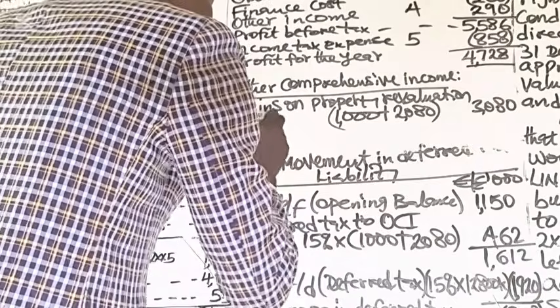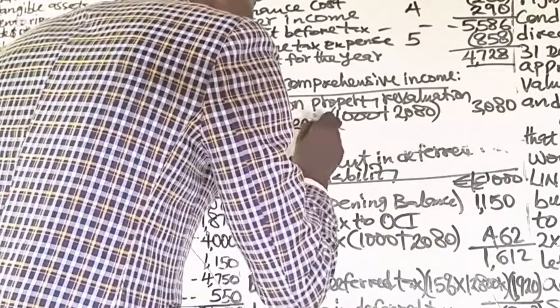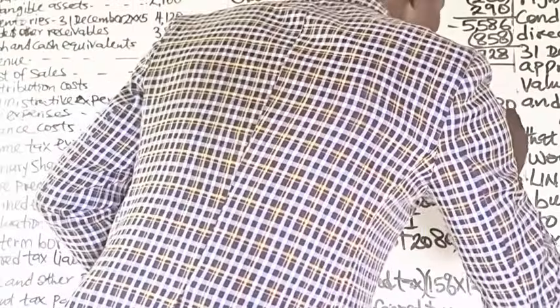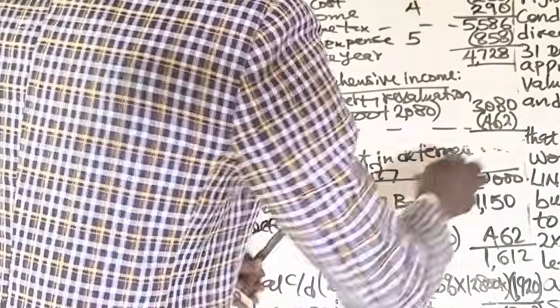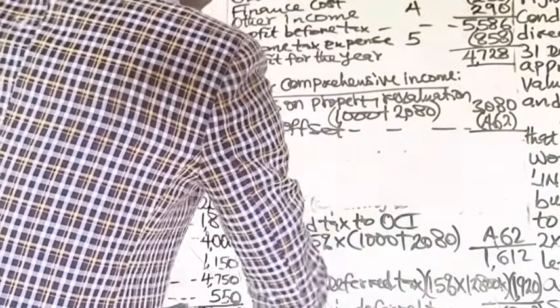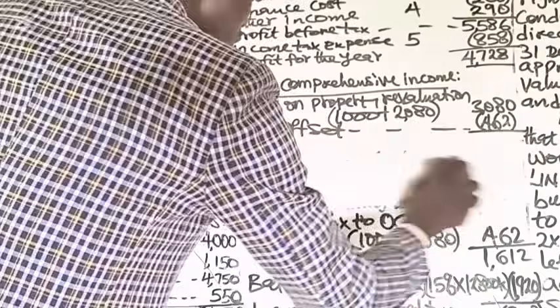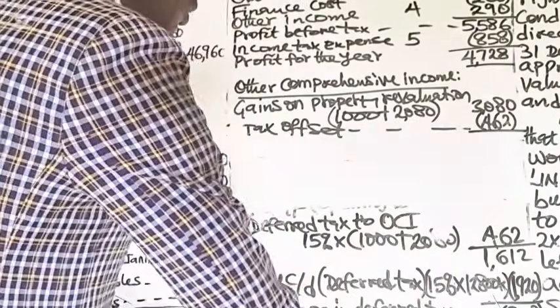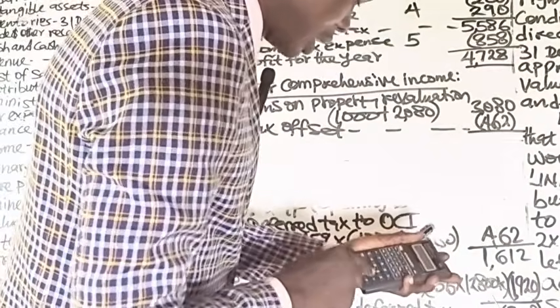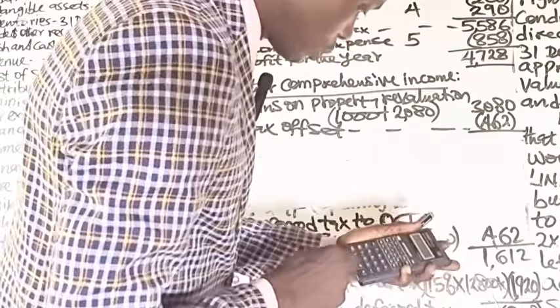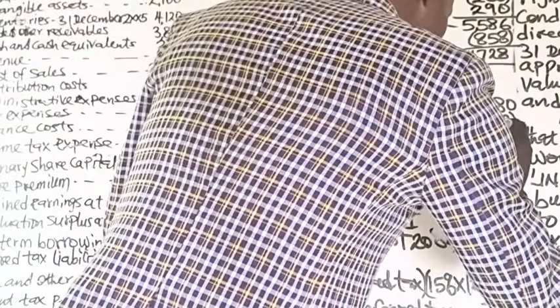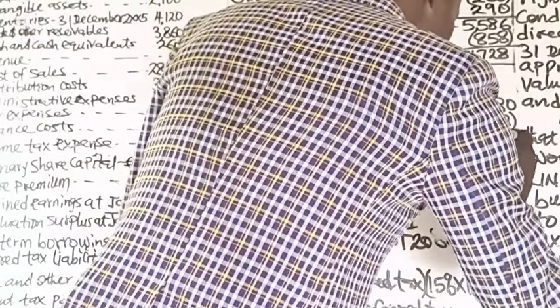So that tax will be deducted. If you subtract 462,000 from 3,080,000, then you have 2,618,000.